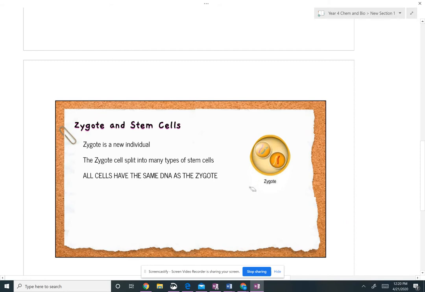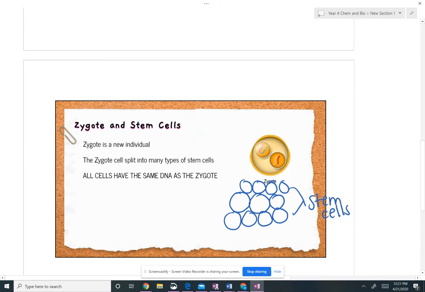What happens to this new zygote is that we get a bunch of little cells, and the first few stages of development are stem cells. We call them stem cells because they provide a way for other cells to become what they need to become in the body.